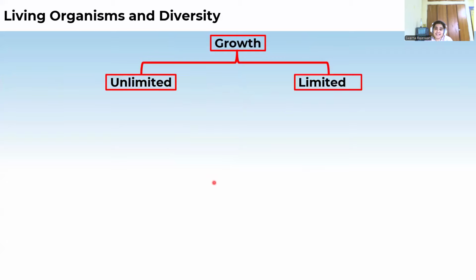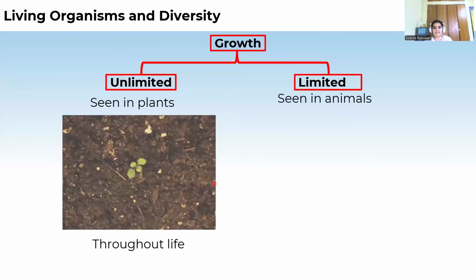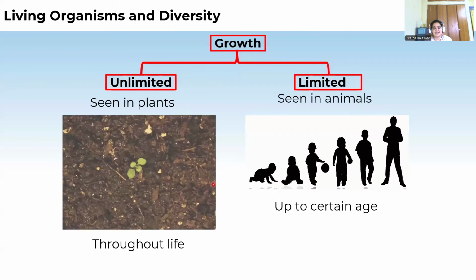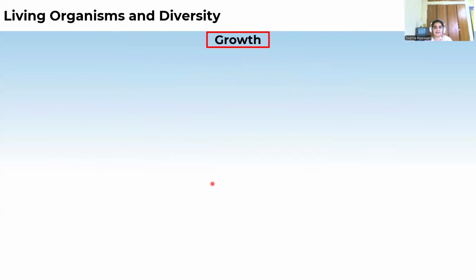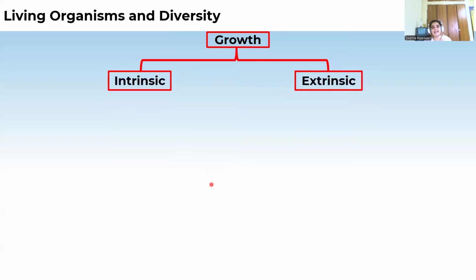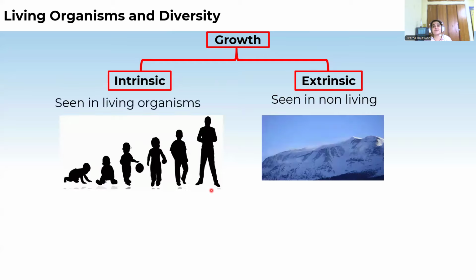Yes, when we see growth, it is unlimited in the case of plants, whereas it is limited in the case of animals, only up to a certain stage. Growth in living organisms is intrinsic, inside the body. Extrinsic growth we see in non-living things also, such as an increase in the size of mountains when snow piles up.